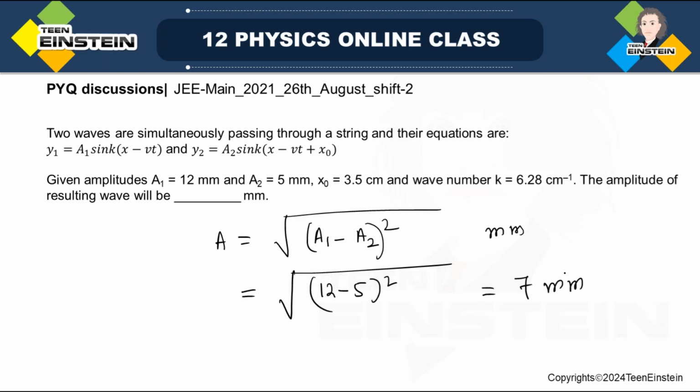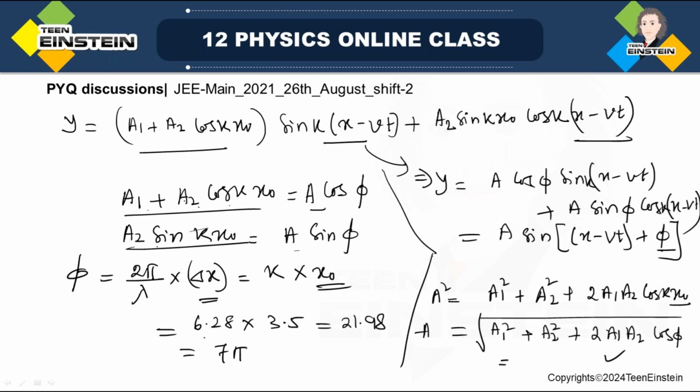So I hope you have got this problem, got the solution. What we have done, we have just used the superposition principle and tried to simplify the equation the way we know to find out amplitude. And then the tricky thing was this one. The tricky point was here, what you write in terms of pi.